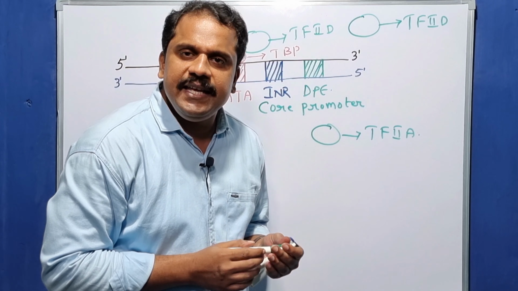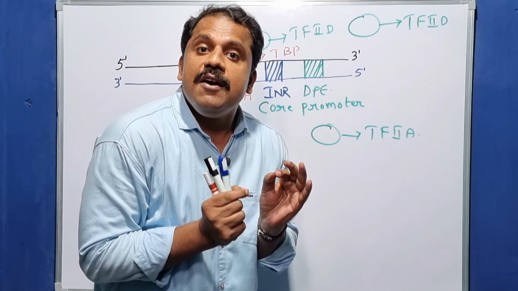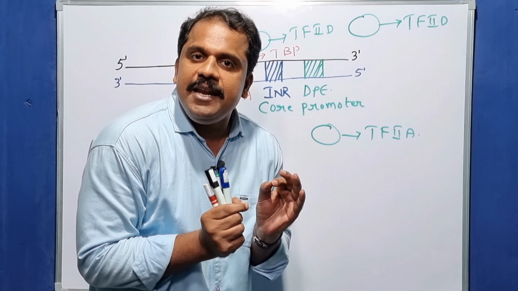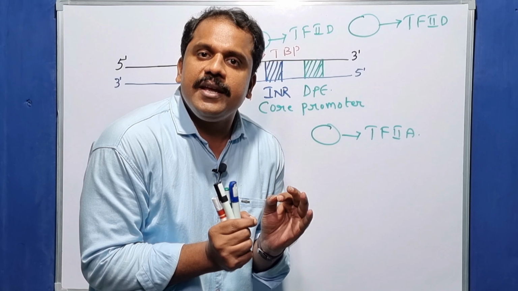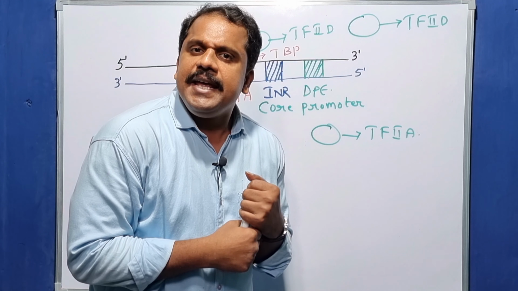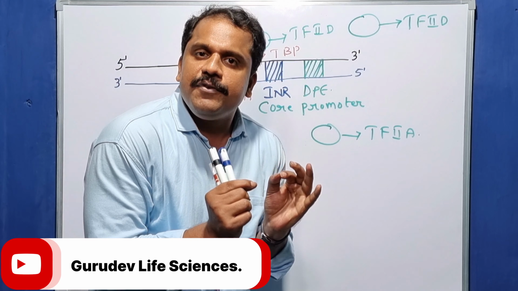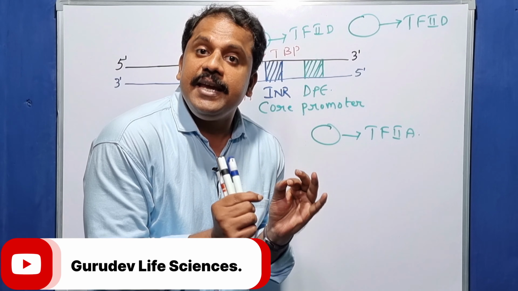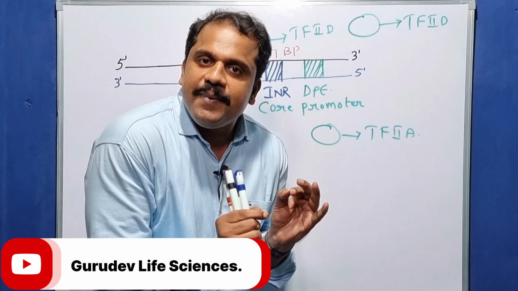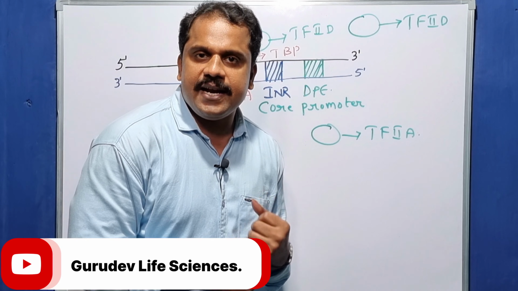The specific TFIIA is the transcription factor responsible for inducing stability between the TATA binding protein of the TFIID transcription factor and the TATA element. In the presence of TFIIA, it induces stability between the TATA binding protein of the TFIID transcription factor as well as the TATA element.